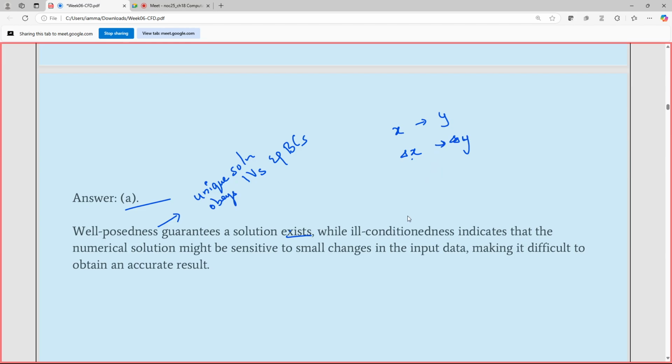Such a condition is called ill-conditionedness. That is, if the system of linear equations is ill-conditioned, then the results can vary drastically for even small changes of input variables. So our answer is option A.